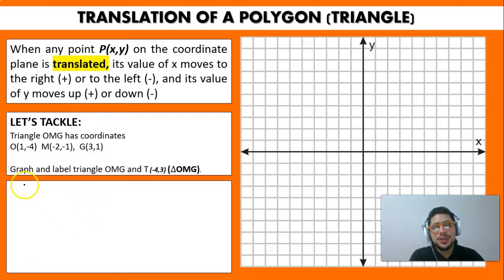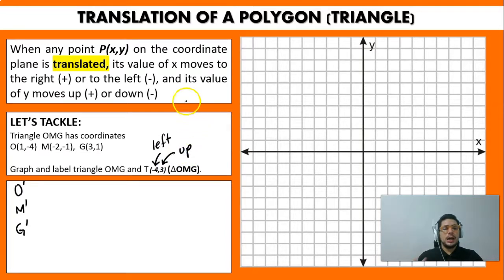So the first thing we're gonna be taking a look at is the image of O, the image of M, and the image of G. So we are going to be moving it 4 units, and because we have negative in X, that means that we're gonna move it to the left 4 units, and 3 units, and because it's positive, we're gonna move it 3 units up.